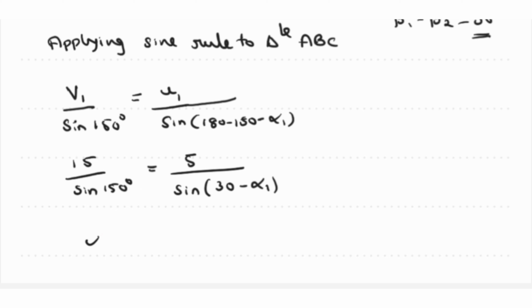If you solve, you will get alpha 1 is equal to 20 degrees 24 minutes.